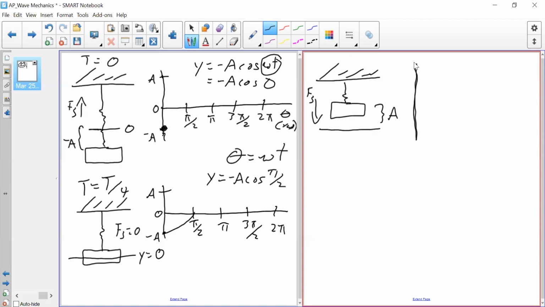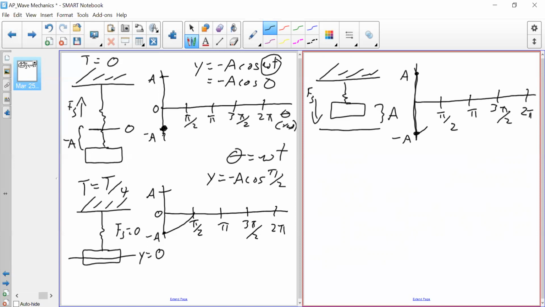Okay, so now pi over 2, pi. It should be very familiar to all of you, the trig part of your life. Okay, so negative A. But if not, ask away.